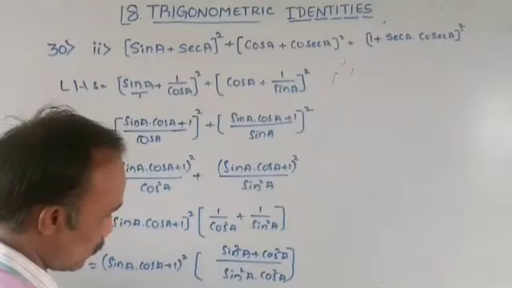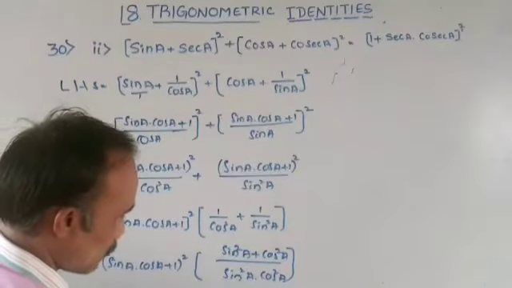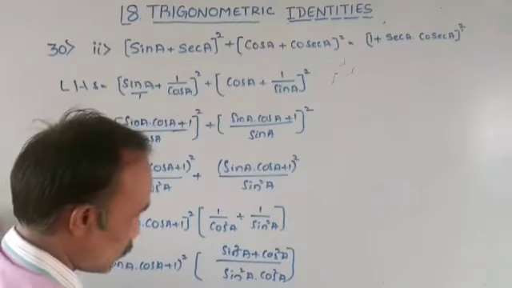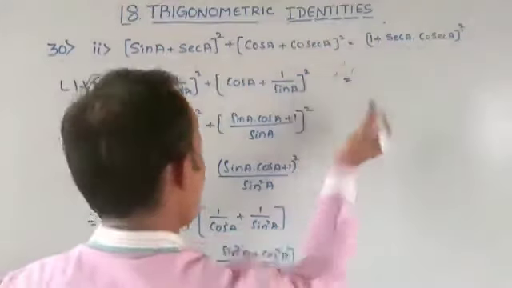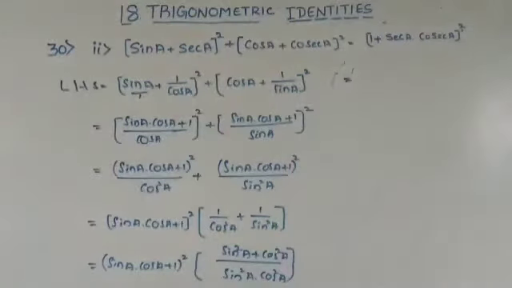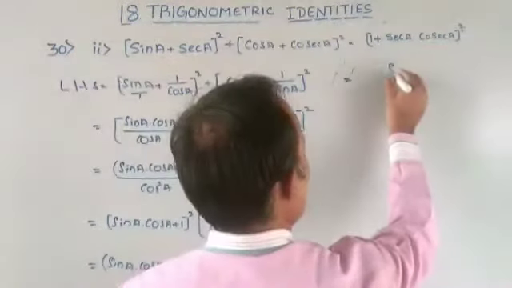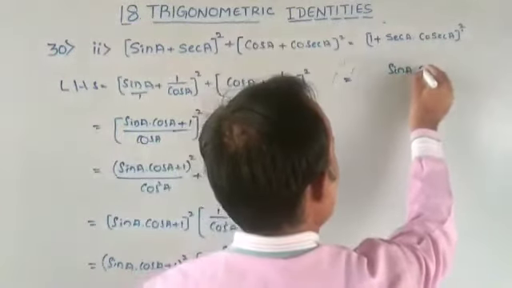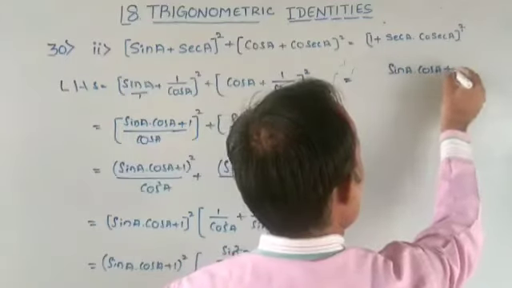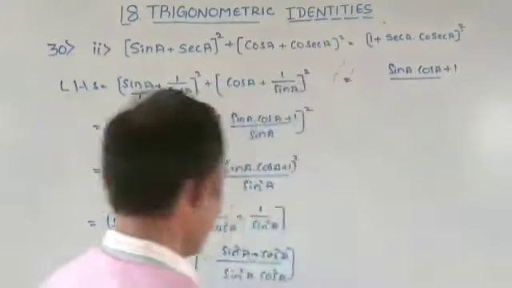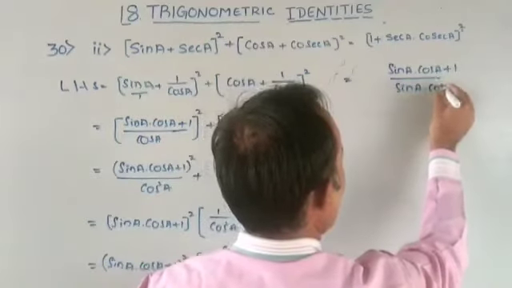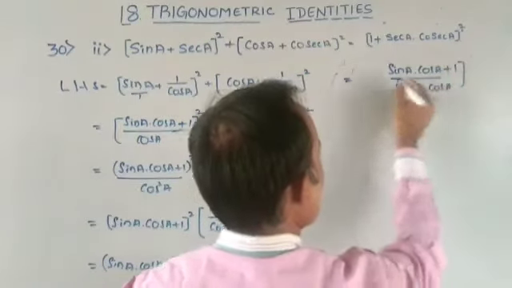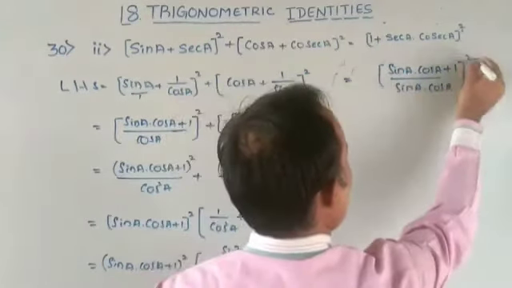So replace 1 here, divided by sin square A into cos square A. Yes, this is equal to, now again, (sin A into cos A plus 1) whole divided by sin A into cos A, make it square here, no problem.